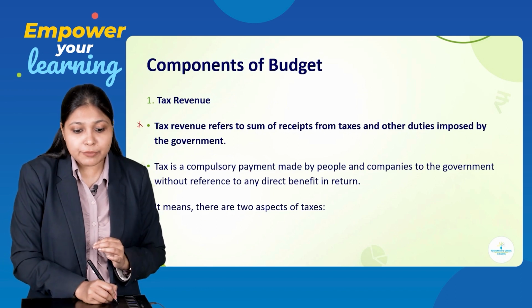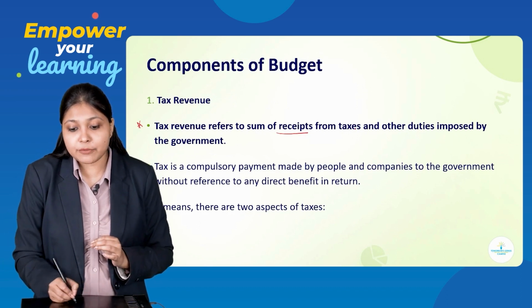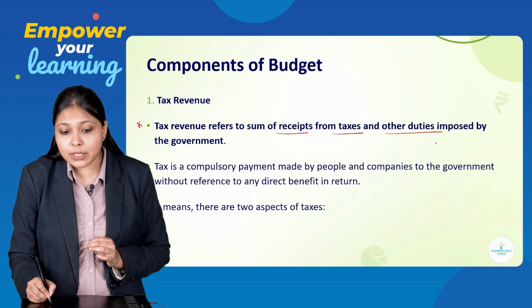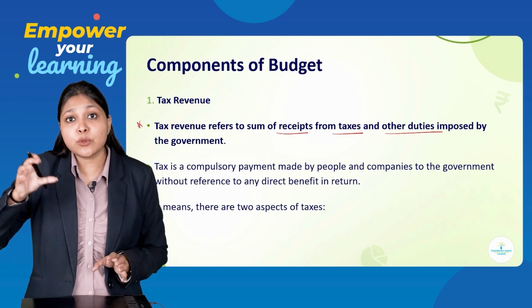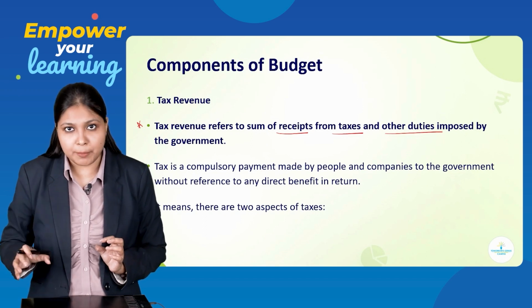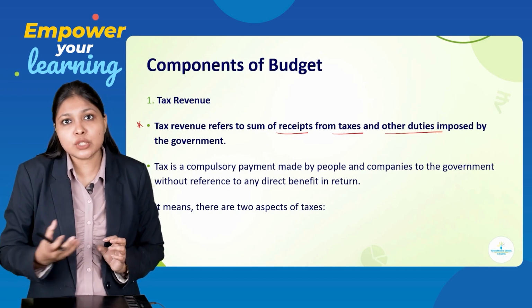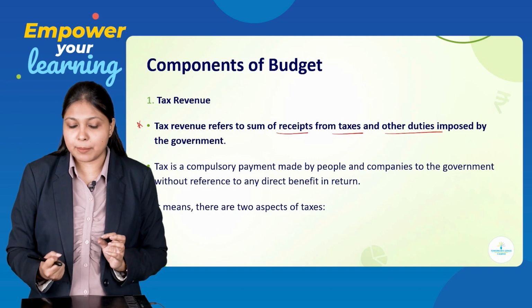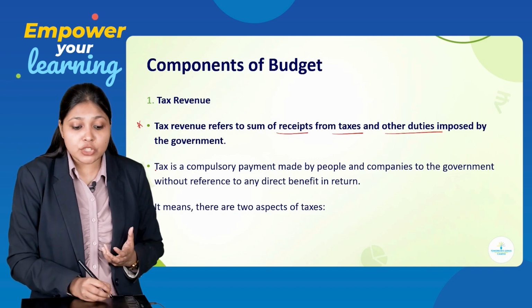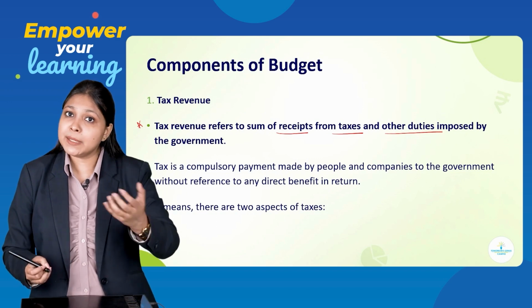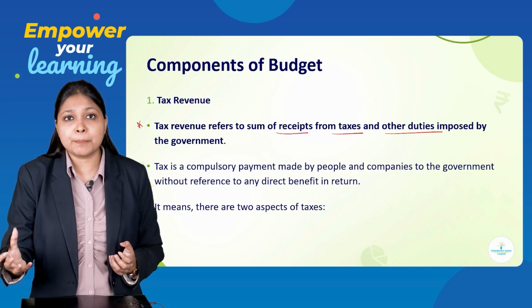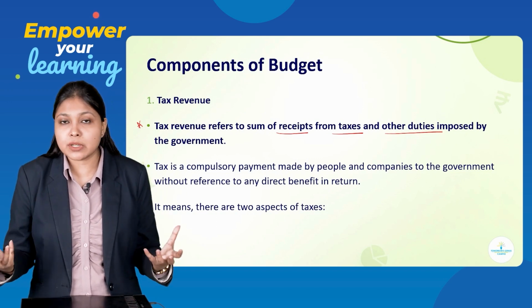Tax revenue refers to the sum of receipts from taxes and other duties imposed by the government. Tax is something which is imposed by the government, and that is the major source of income for the government. Tax is a compulsory payment. Everybody has to pay it, be it individuals, companies, or producers.